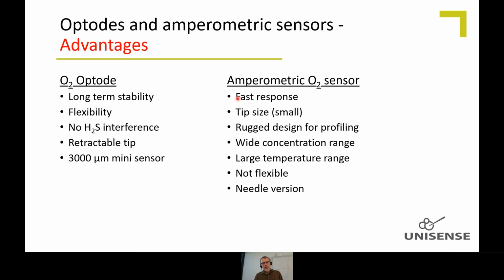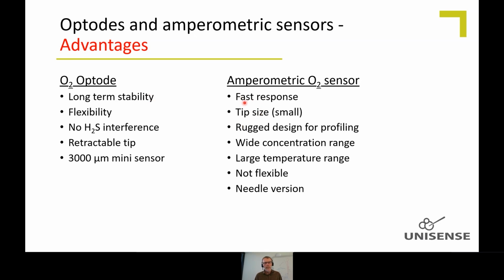The amperometric sensor can be made faster. The tip size can be made much smaller than the 50 micrometers of the optode. It has a more rugged design for profiling. So if you profile in sediments with the optode here, the polymer holding the dye will be worn off, and you will lose signal.